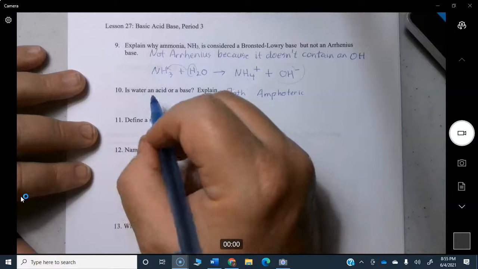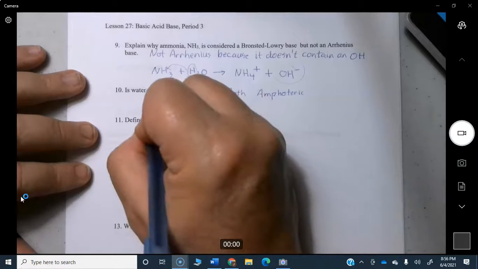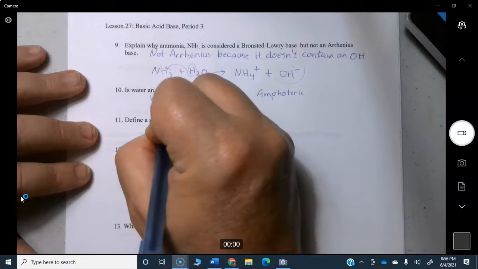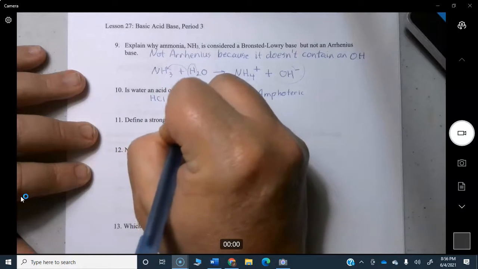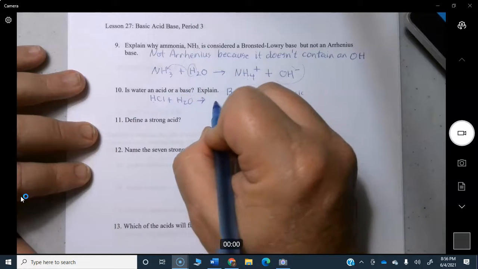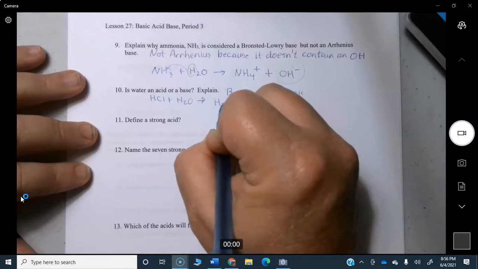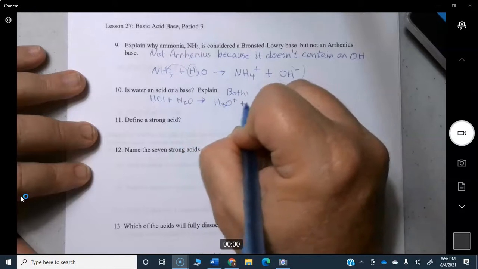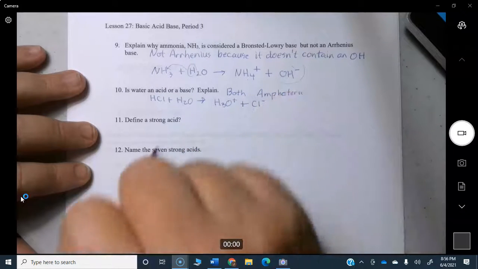If, on the other hand, the water accepts the proton, and we've seen this reaction before, HCl plus H2O, now the water molecule is going to accept that hydrogen and become H3O plus. Cl minus is the conjugate base.